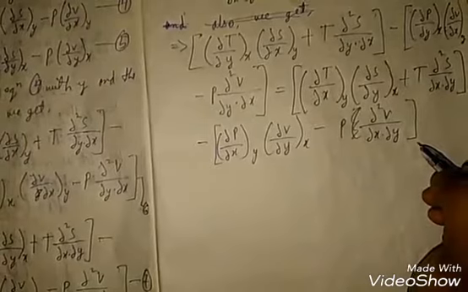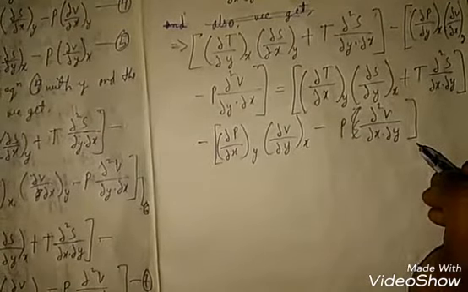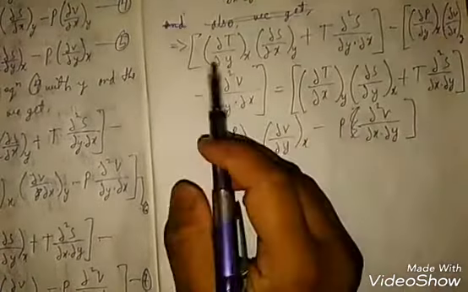So from equations 6 and 7 we got that the right hand sides of both equations are equal.